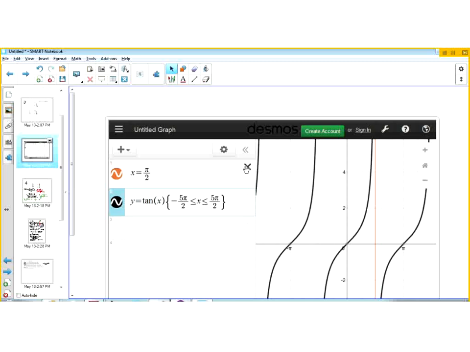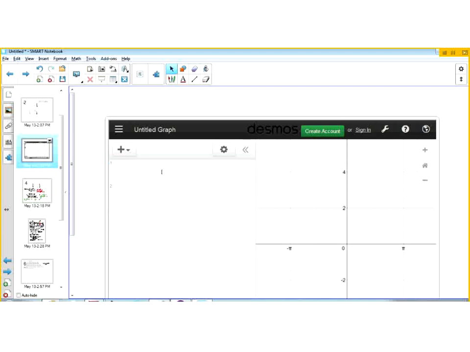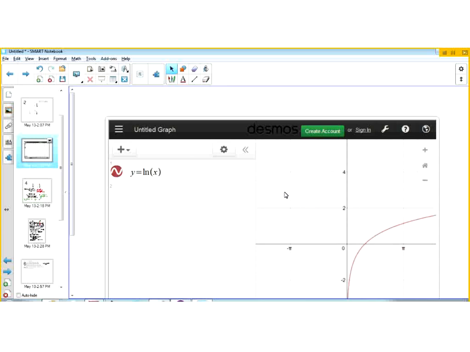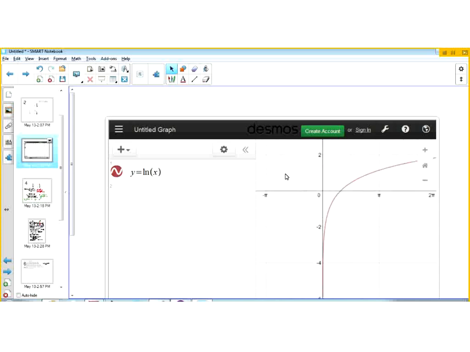All right, let's consider the natural log function. Let's plot y is equal to natural log of x, shown in red here. Clearly x has to be greater than 0 for the natural log function.